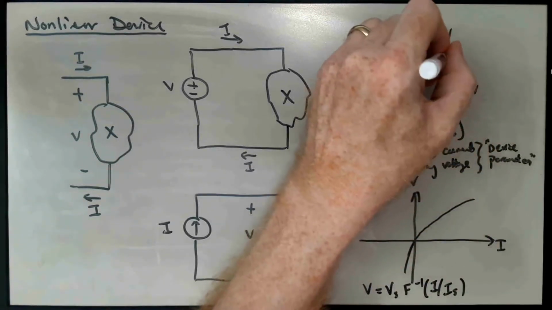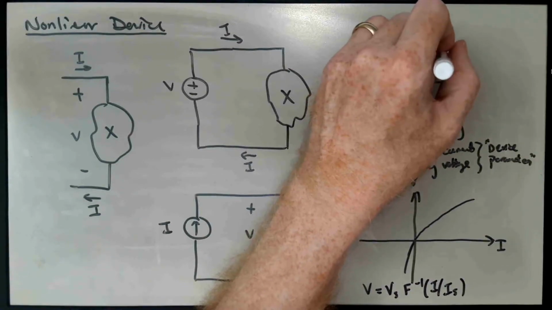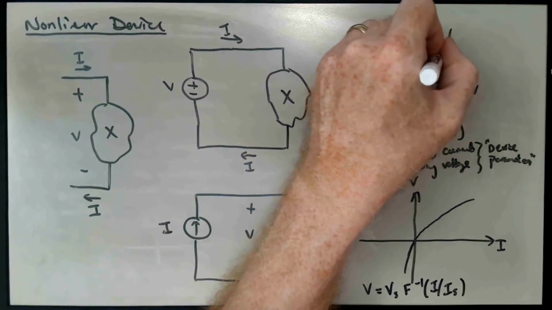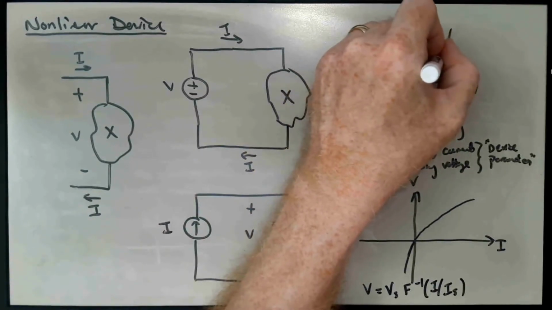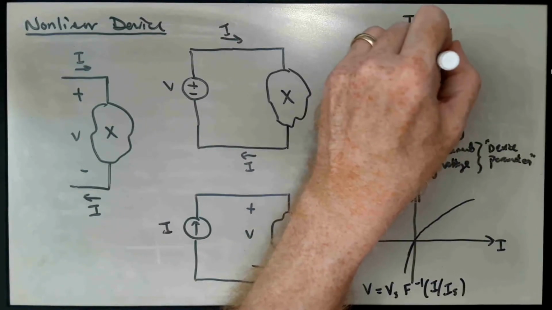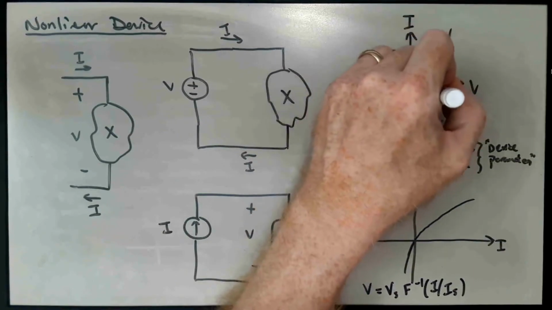And if we think about an operating point, which is some particular value of I and V, that defines some point on this curve that the circuit is currently located at. So this is, let's say, I0, V0.